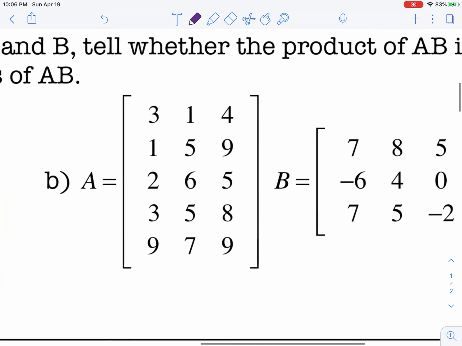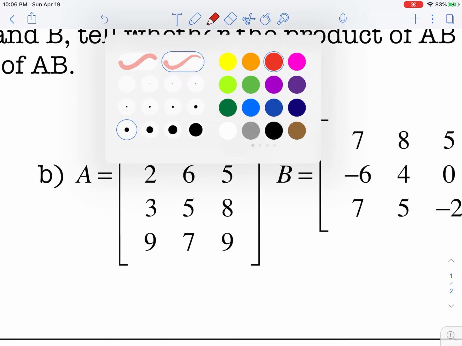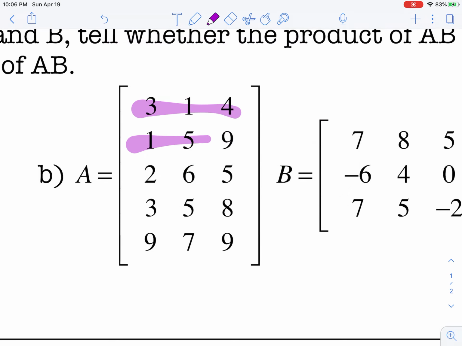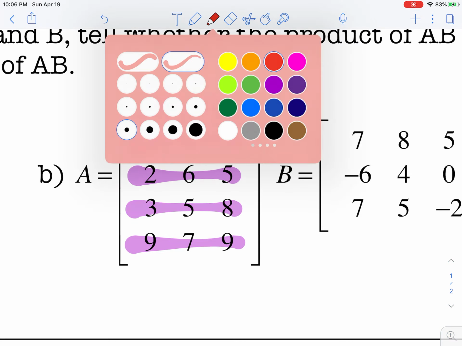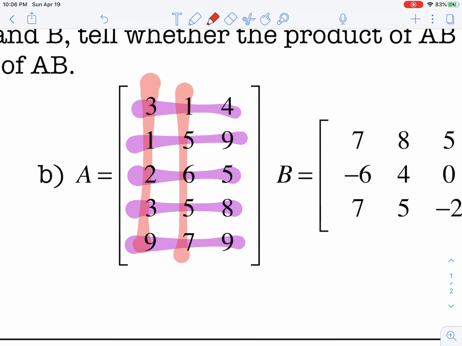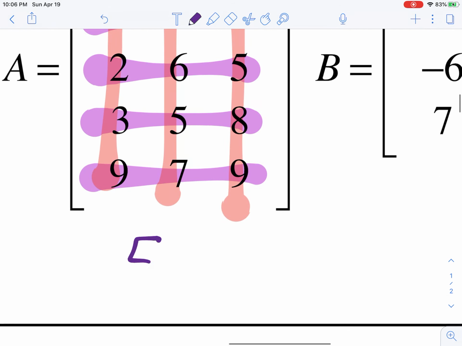So let's look at B. We have 1, 2, 3, 4, 5 rows and 3 columns, making this a 5 by 3.